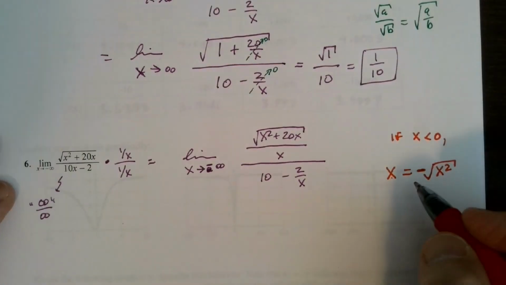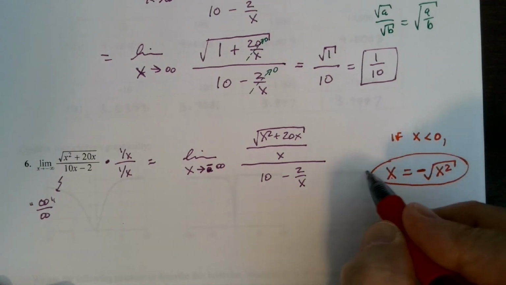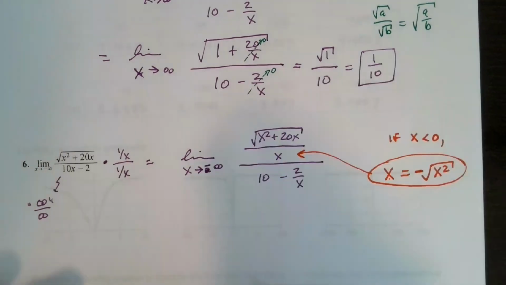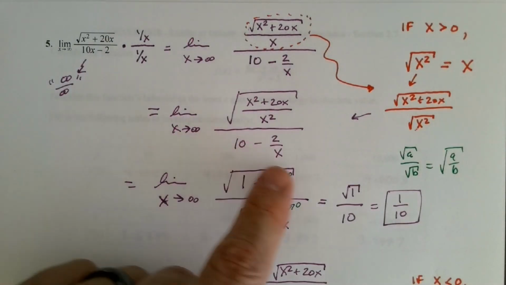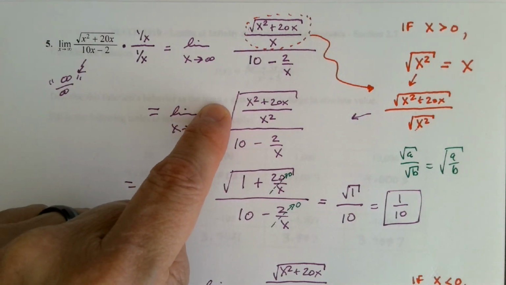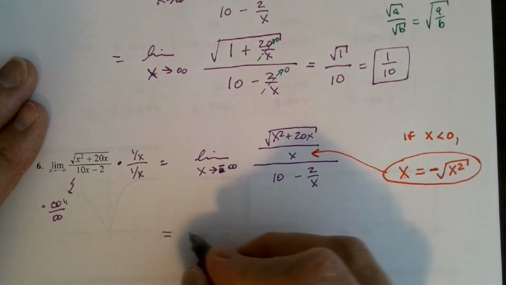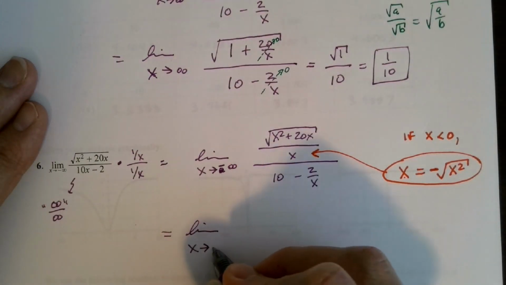So the only difference is, I'm going to replace x with this thing. Then the only difference compared to what we have up above is that there will be a negative 1 outside here. All right, so let's just do that. The limit as x goes to negative infinity.